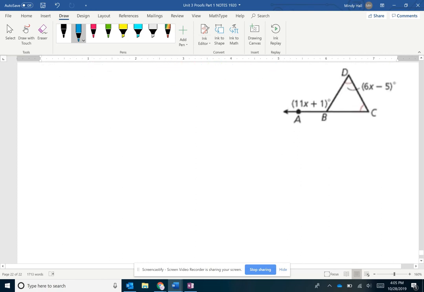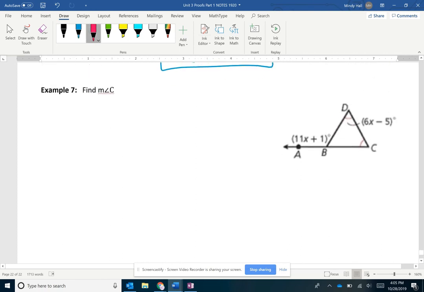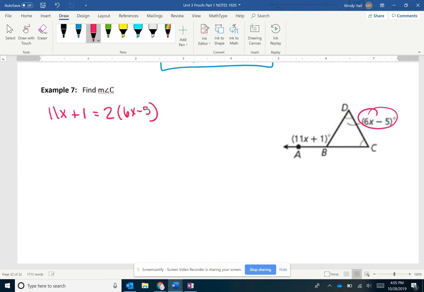So now for angle C, we have that these two angles are congruent, which means we can just do this thing times 2. So that would be 11x plus 1 equals 2 times 6x minus 5, because there's two angles with that measure.